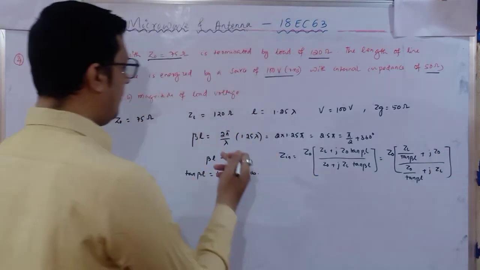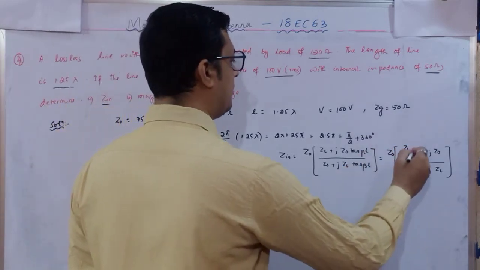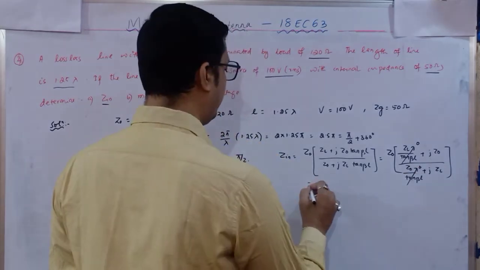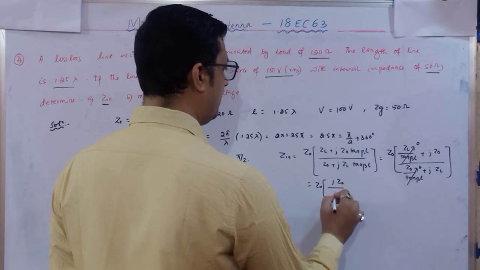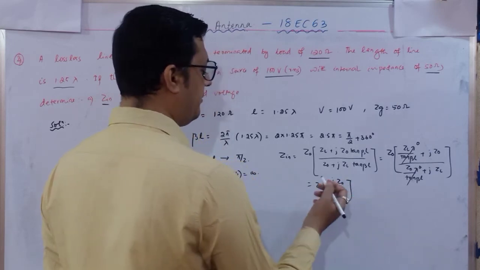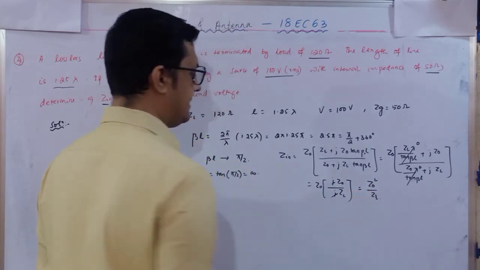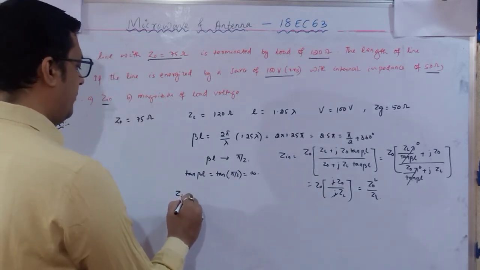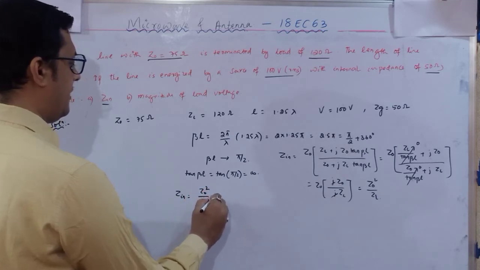Now something divided by infinite tends to 0, so this tends to 0 and this tends to 0. So we are left with Z0 times j Z0 and j ZL. The j will be cancelled out and we will get Z0 square divided by ZL. So this is the input impedance, Z0 square divided by ZL.